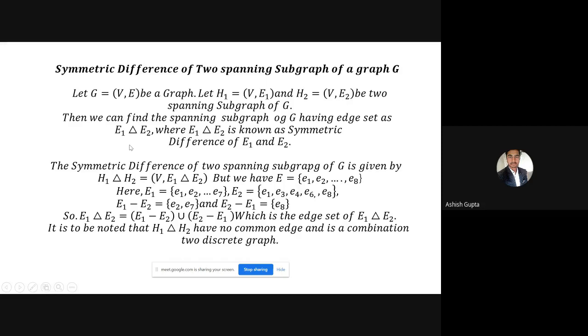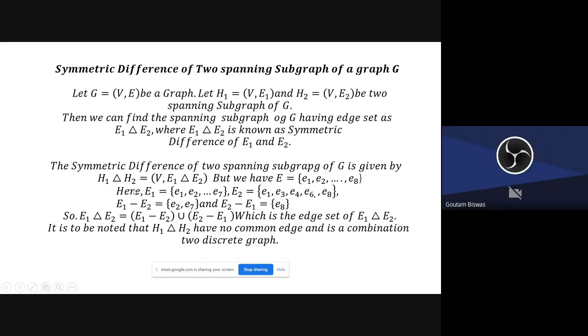So what does delta define? Delta is defined here. You see the spanning subgraph of this V and E. This is the definition of delta.